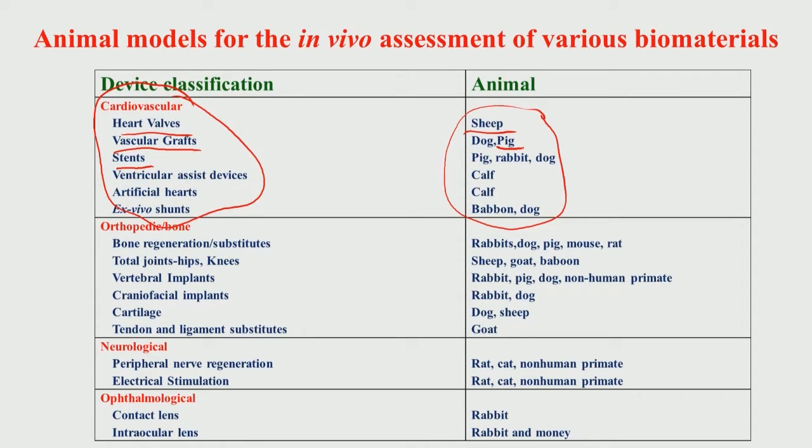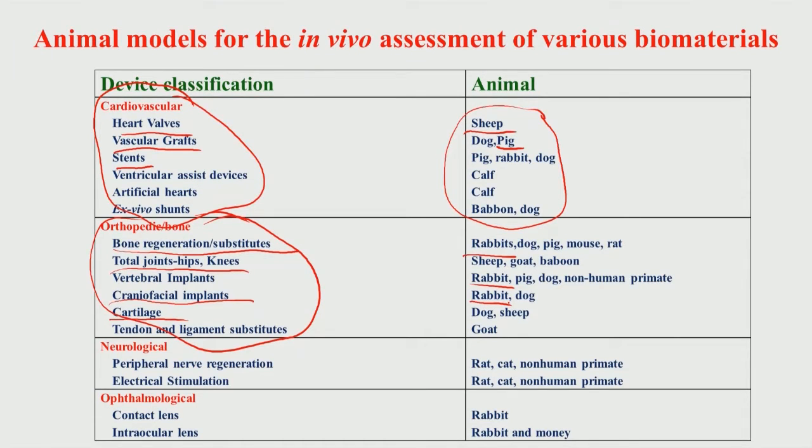In orthopedic or bone replacement applications, for bone regeneration or substitutes, total hip joint or knee joint surgery, vertebral implants, craniofacial implants or cartilage applications, different models people have used, but it is largely reported that the rabbit model is used more extensively in the literature.